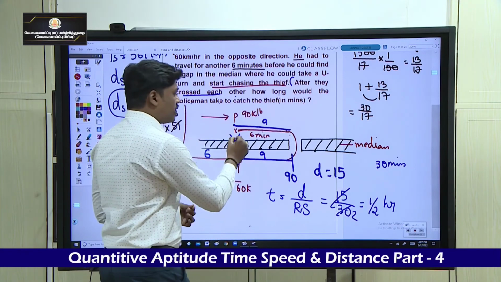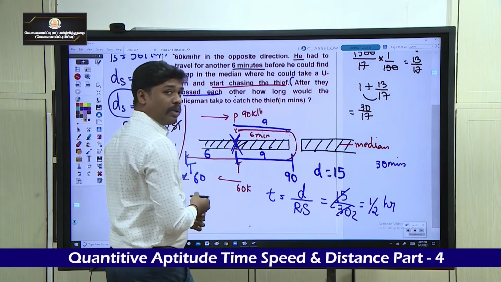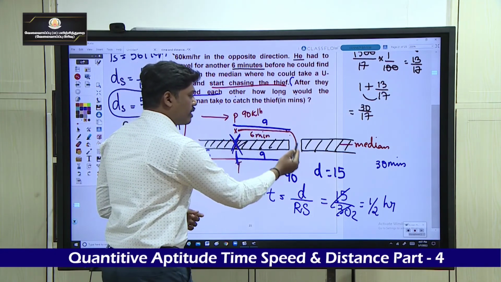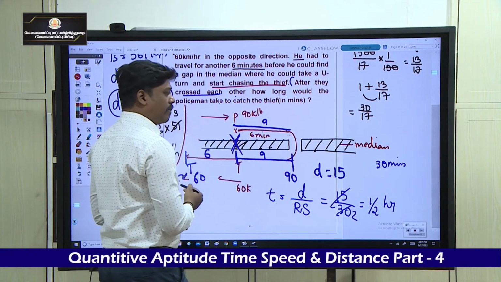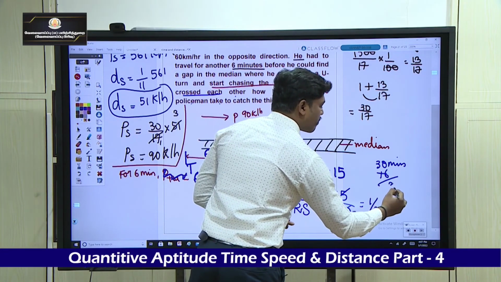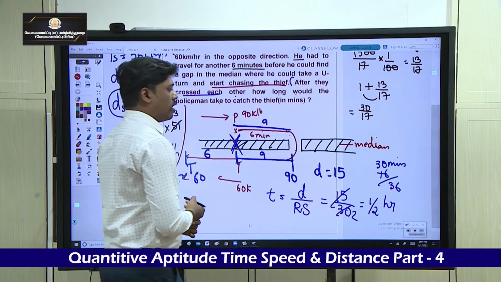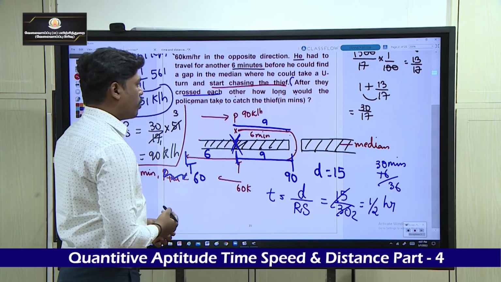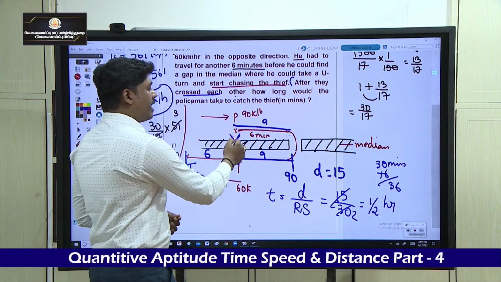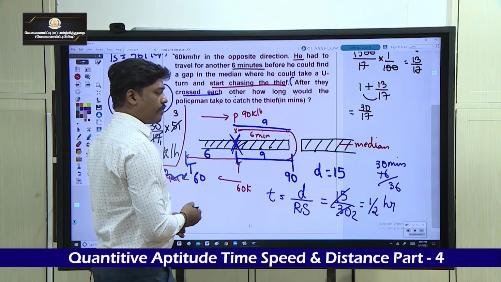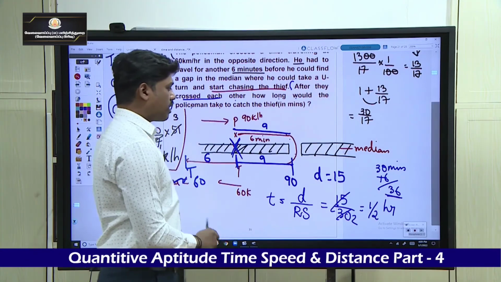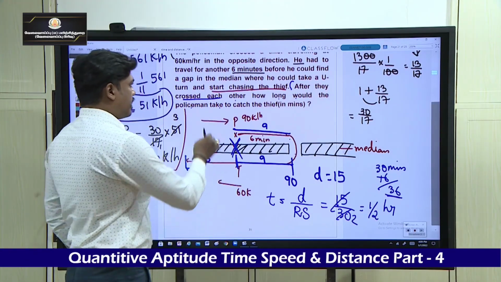From this point to taking a U-turn, it is 6 minutes. 6 minutes plus 30 minutes, you will be getting 36 minutes. The police takes 36 minutes after meeting him to catch the thief. So he takes 36 minutes.